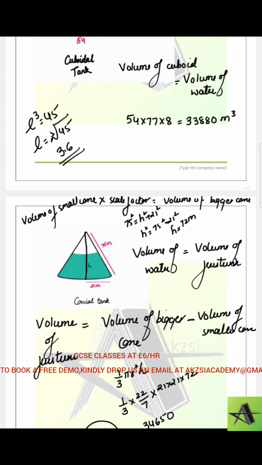So 72 divided by 3.6 will give you the height of this one, which is 20. But we have to calculate the volume of the frustum, so the height of the frustum is 72 minus 20, which is 52.